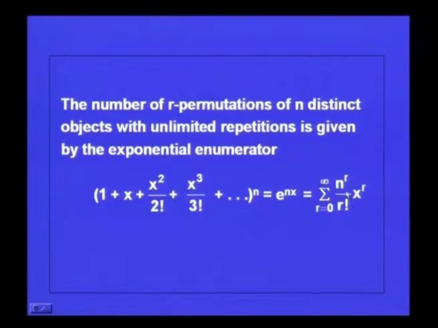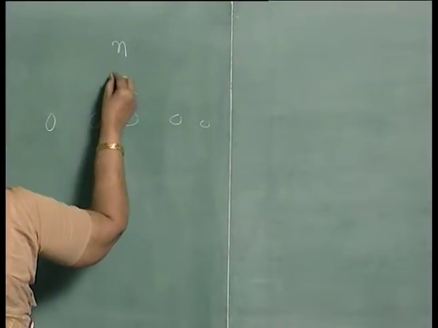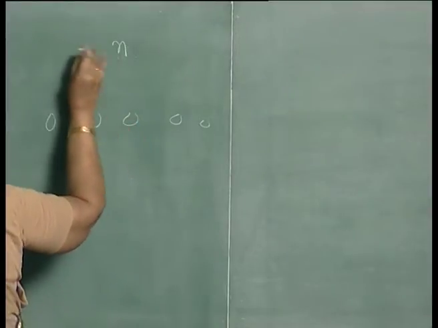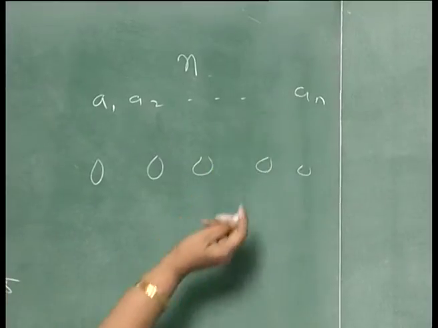So, looking at it as an exponential enumerator, this gives the number of ways of permuting r objects out of n objects with unlimited repetitions. This you can very easily see. Suppose I have to fill r places and I have n objects, say a1, a2, an, with unlimited repetition.